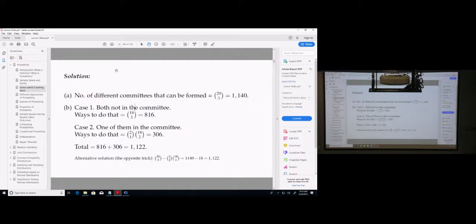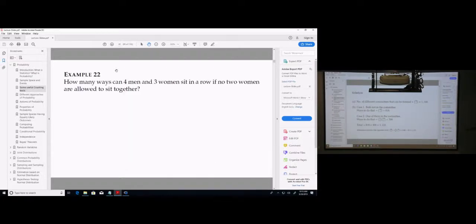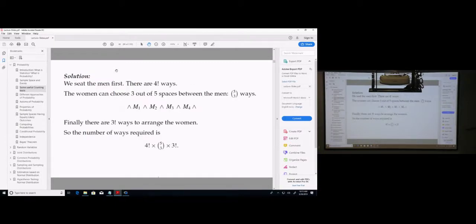So this is basically here. How many ways can 4 men and 3 women sit in a row if no 2 women are allowed to sit together? So this is one way to go: I put the men first, M1, M2, M3, M4, and then there are 5 spaces left, all right?